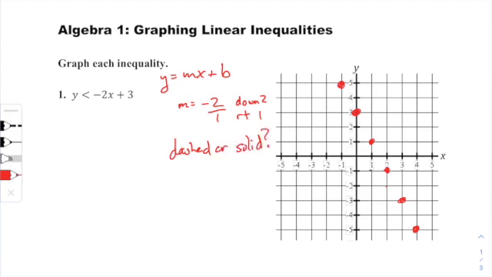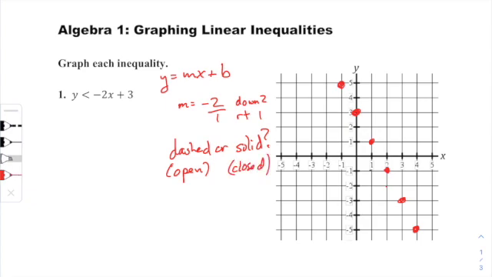And this is the same exact thought process of, do I use an open or a closed circle when you're doing those simple inequalities, right? So a dashed line is like the equivalent of an open circle, and a solid line is like a closed circle.